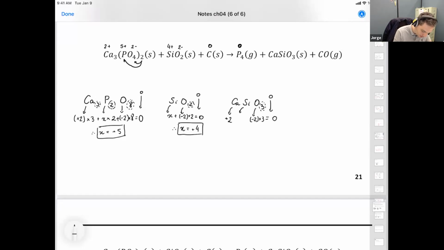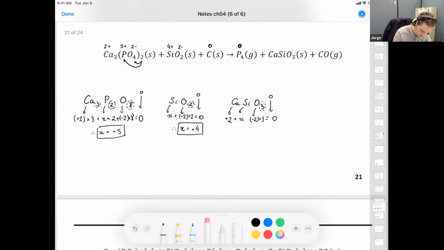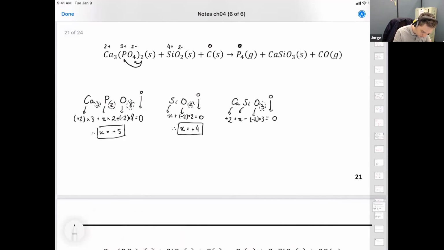And silicon is the one that we are looking for. Therefore, the only value possible here to satisfy the equation is +4.